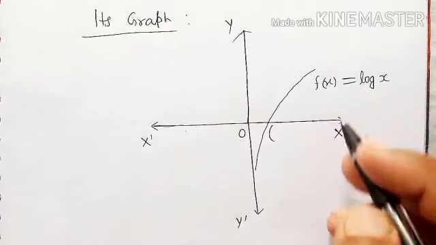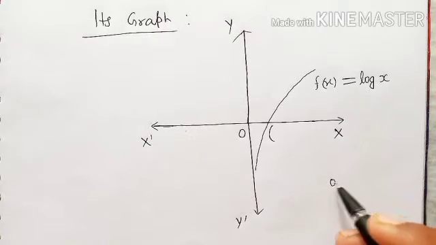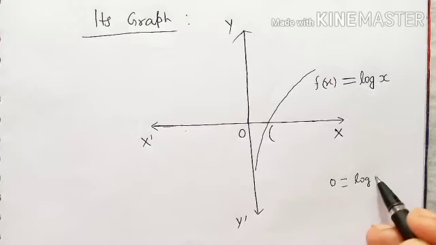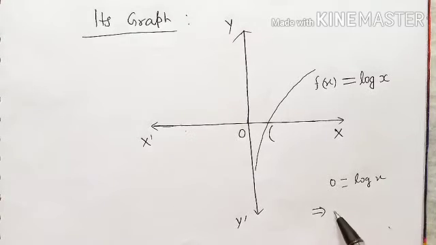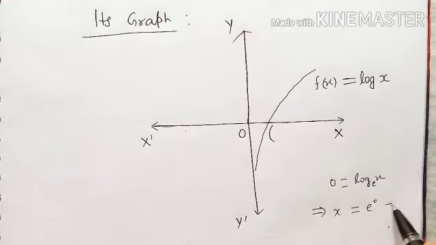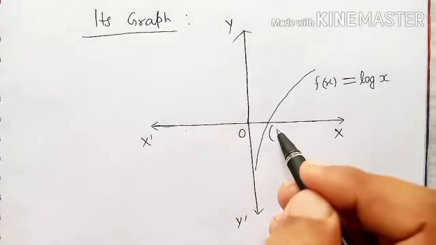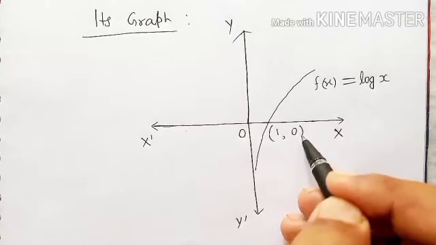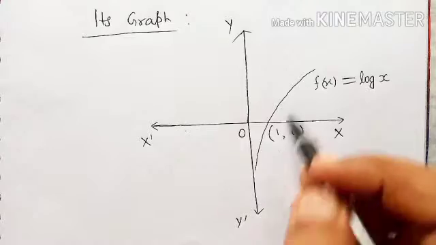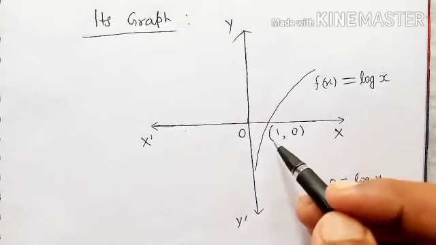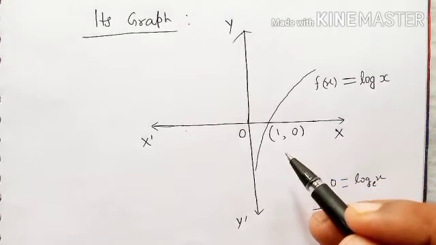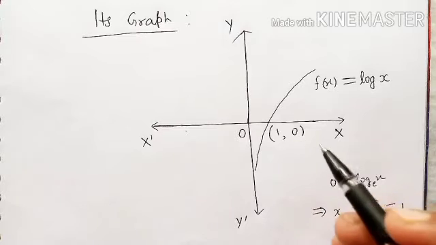So if we take f(x) is equal to 0, log x, then from here, here e is hidden, we can write x is equal to e to the power 0, which is 1. So (1, 0). The graph always passes through the point (1, 0).